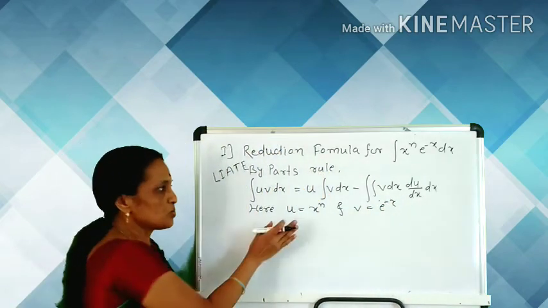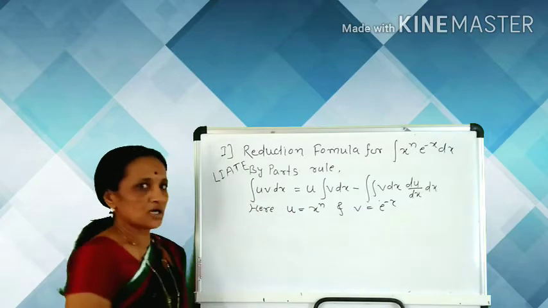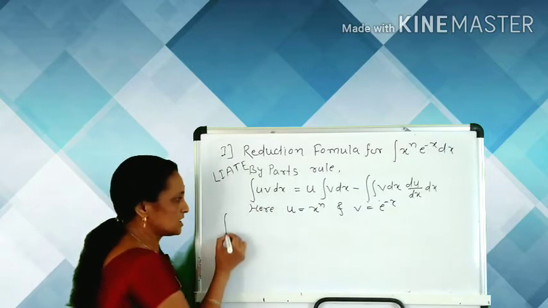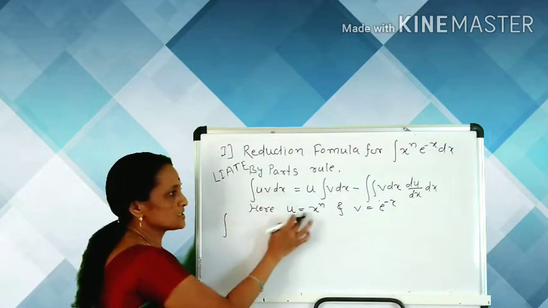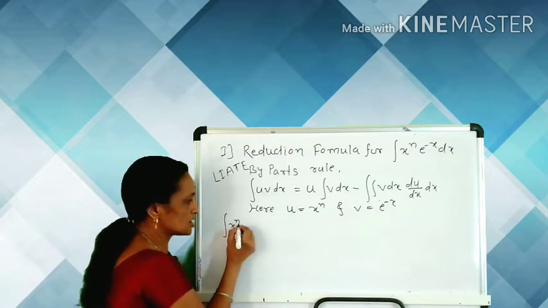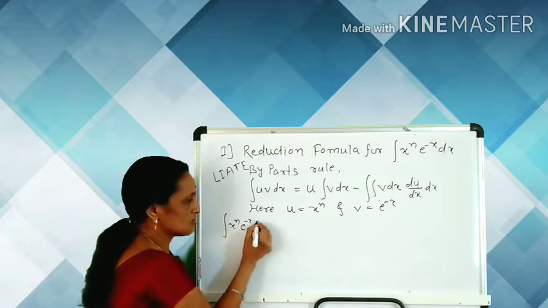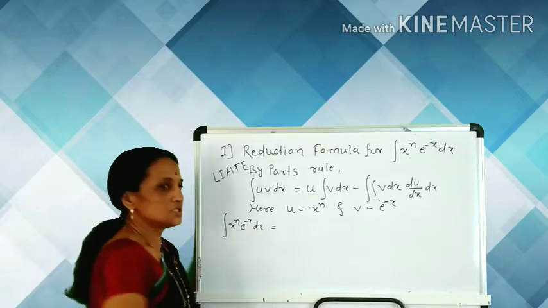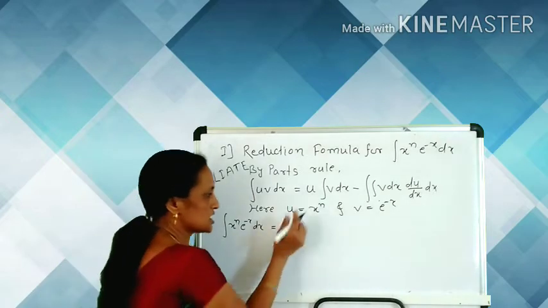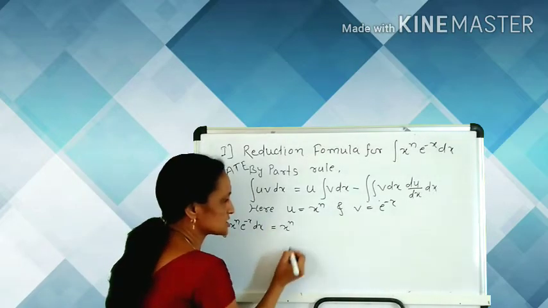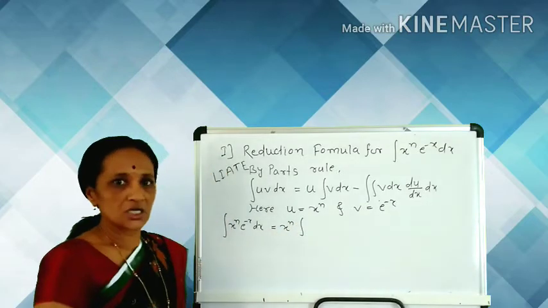Now we put those values in the parts rule and we get integration of uv dx, means x raised to the n e raised to minus x multiplied by dx, is equal to first function as it is, means x raised to n, into integration of the second function.